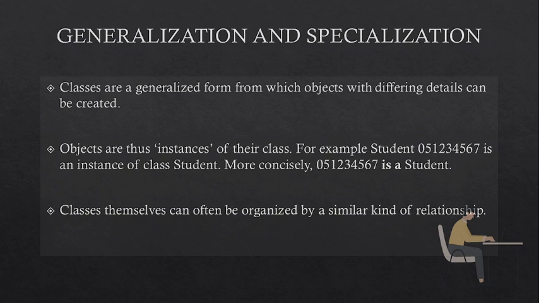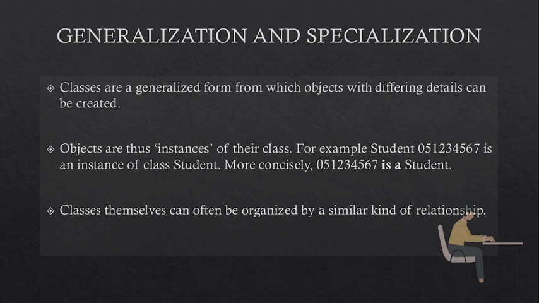Okay, so let's move on to the next topic, which is generalization and specialization. When we say classes, these are a generalized form from which objects with different details can be created. Meaning the objects are instances of their class.